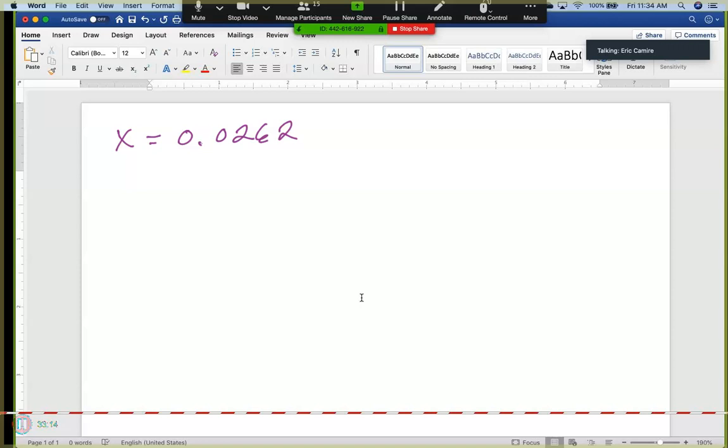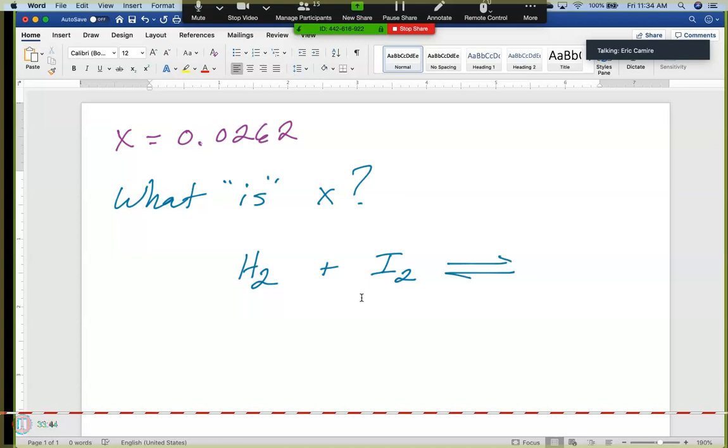Anytime we're doing an ICE problem, and this is going to go into chapter 16 and 17, you need to ask the question, what is x, right? Because we're not done. X is we're probably like 80% the way there. We're almost done. But we need to know what x represents. So if we go back to our ICE table, and we look at our final row, which was our equilibrium row, right?